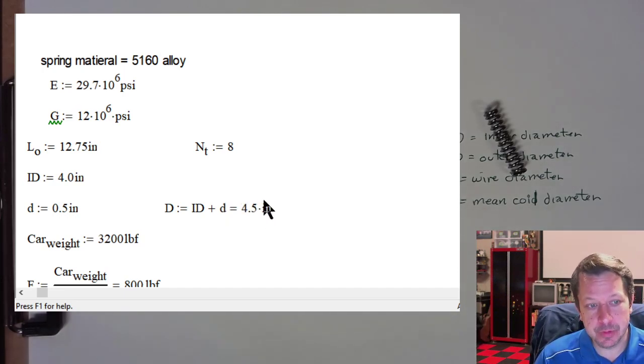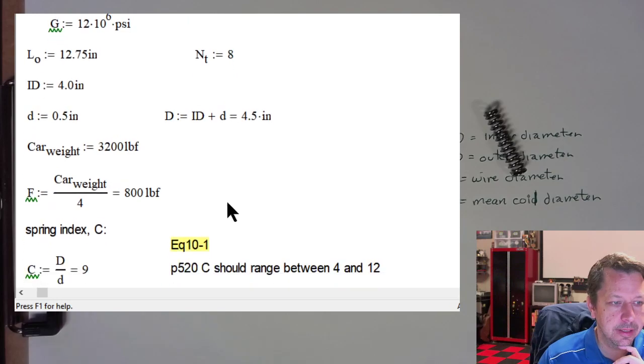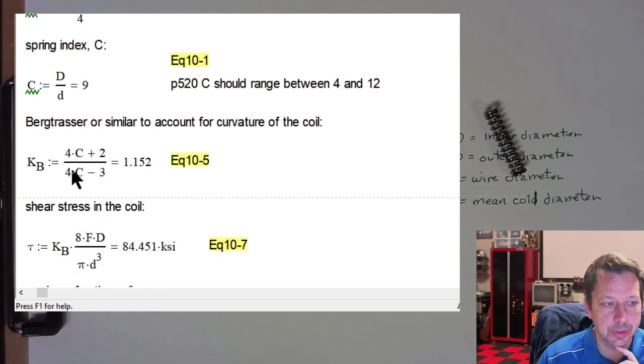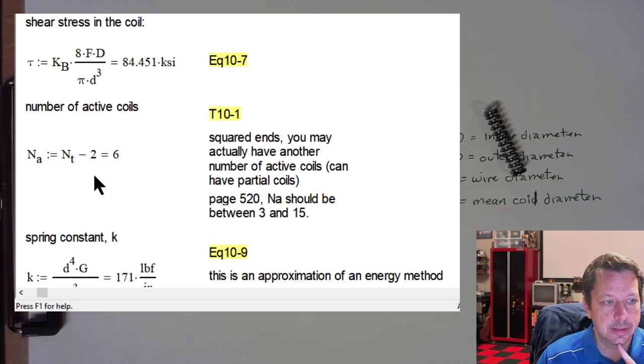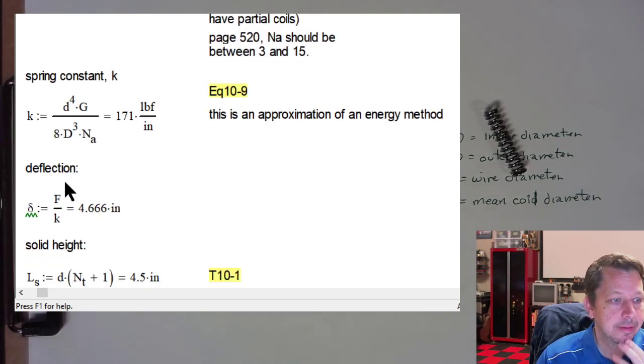Now, if you increase this to 4.99, or it's 5, let's call it 5 inches, then we changed our spring index, which changes our Bergsträsser factor, which changes our shear stress, doesn't change that. It would change our spring constant, so our spring rate.